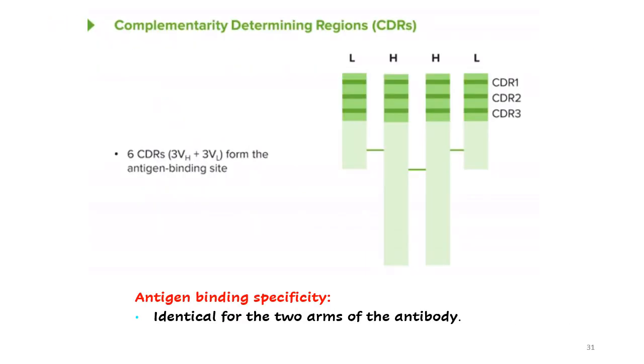You have those CDRs on your light chain, and you also have CDRs on your heavy chain. When you put those two together, you have a unique binding site. So CDRs 1, 2, 3 are here, and CDRs 1, 2, 3 are there, on both chains, and both of them get modified.